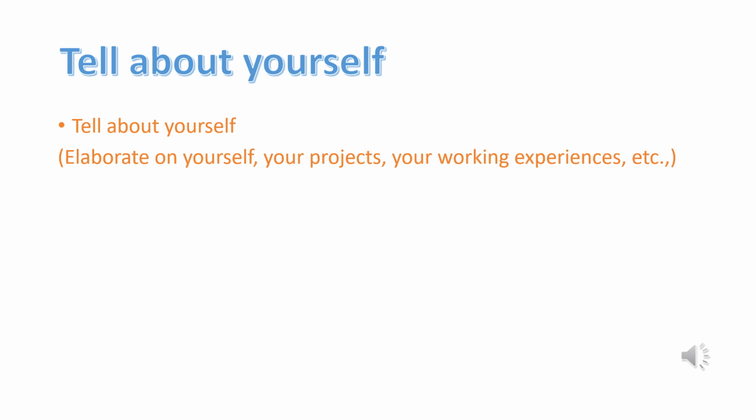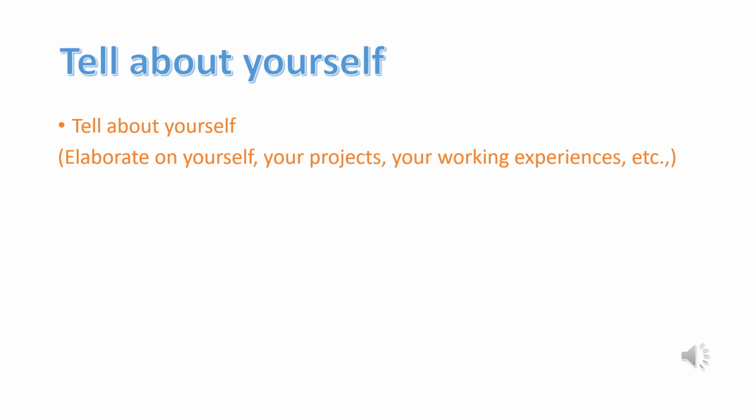In this question you need to elaborate on yourself. Your education, your family background, those things you need to elaborate, and then you have to differentiate the companies you have worked for so far, your projects, and your current project. You need to explain in a detailed manner, like some 10 to 15 minutes.